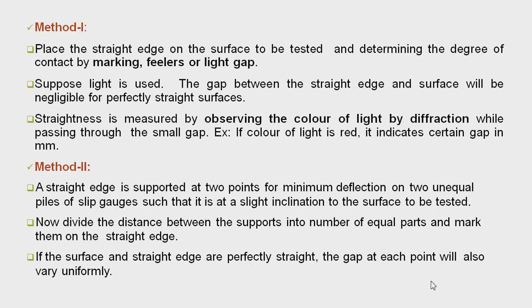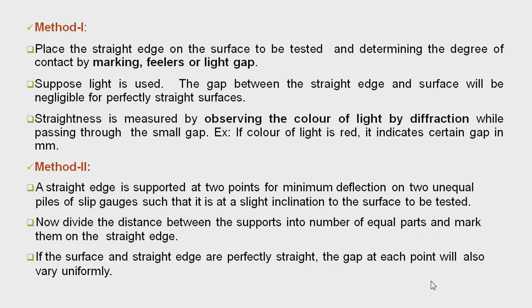Now, how should we use straight edges? Method one is to place the straight edge on the surface to be tested and determine the degree of contact by marking filler or light gap, as done in the case of a tri-square. Suppose we are using light. The gap between the straight edge and the surface will be negligible for perfectly straight surfaces.